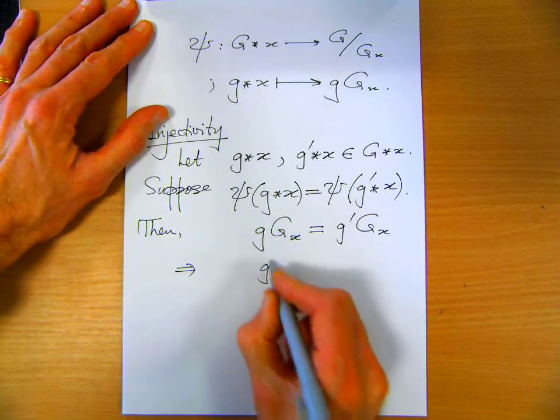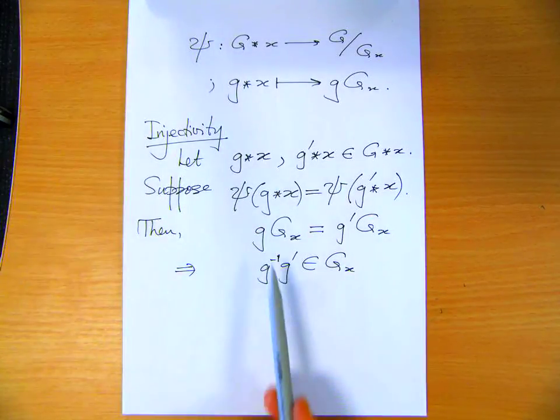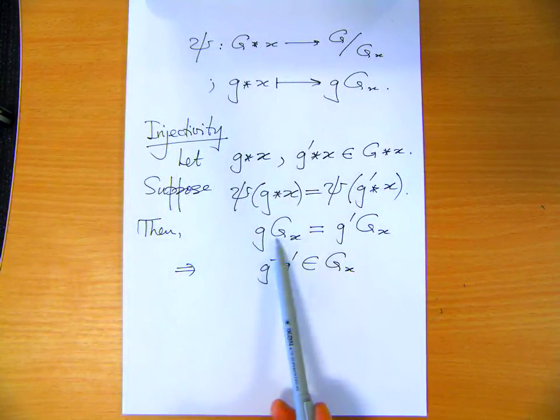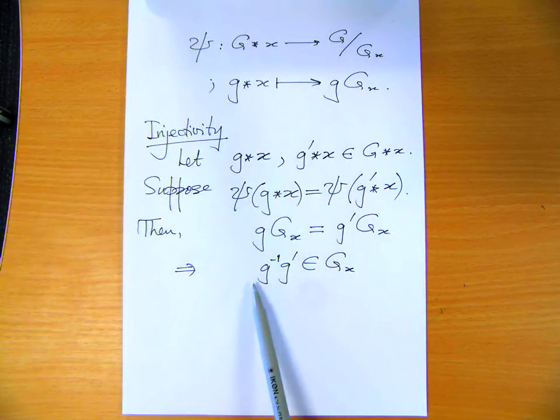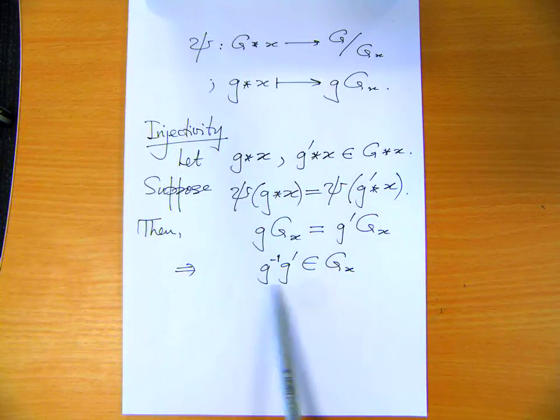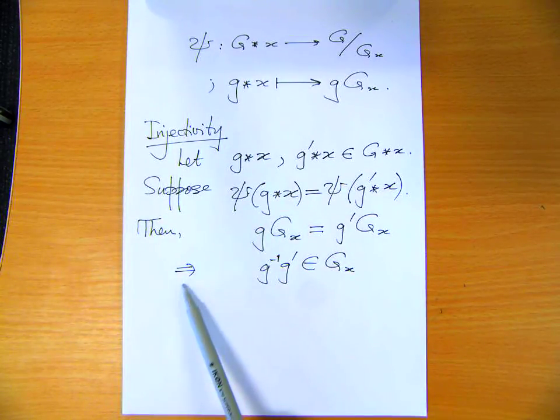So that means that g inverse g prime is in G_x, because if g and g prime have the same coset, they live in the same cell, so they must be related by the equivalence relation, and the equivalence relation is that g inverse g prime is in the subgroup, so that's why that implication follows.